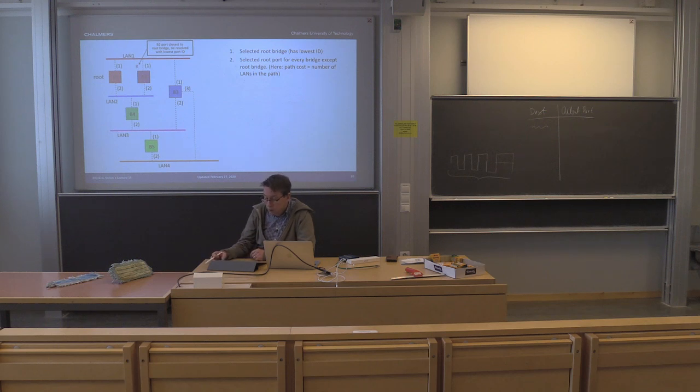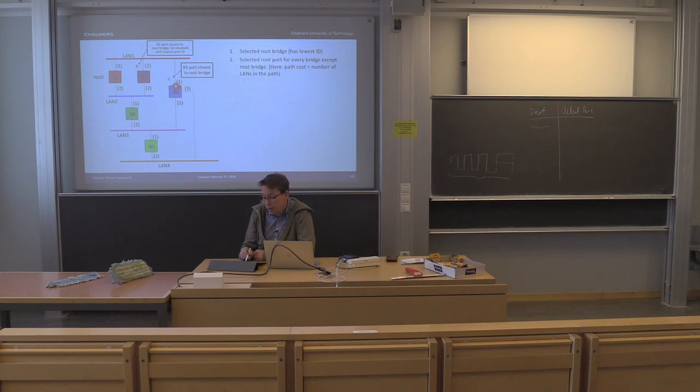Then for bridge number 3, we have a cost 1 path that goes like this. We have a cost 2 path that goes like this, 1 LAN, 2 LANs. We have a cost 3 path that goes here, 1 LAN, 2 LANs, 3 LANs. So in this case, it was pretty simple.